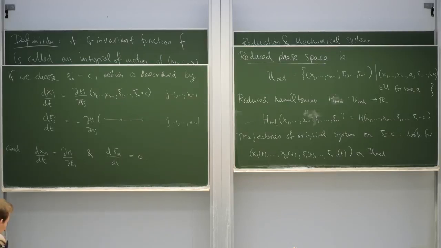The equations are in front of us. What we need is to integrate this equation here to find out what xn must have been.